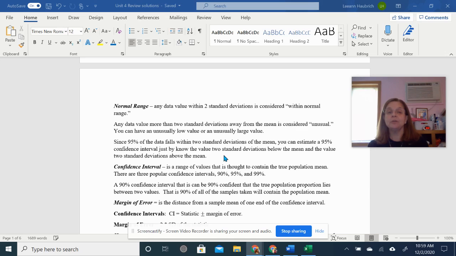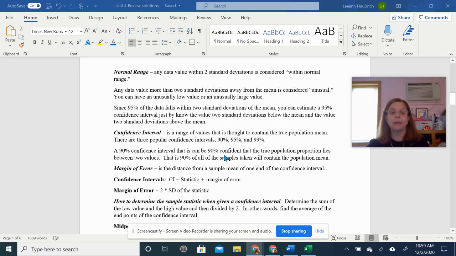That would give you an estimate. Your textbook also has a tool to calculate the confidence intervals and the margin of error. You just need to know the number in the sample, the mean, and the standard deviation.